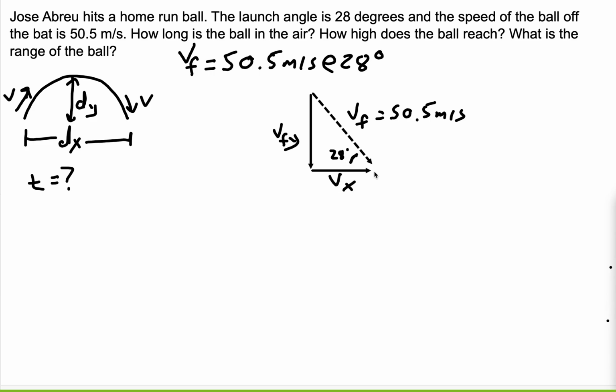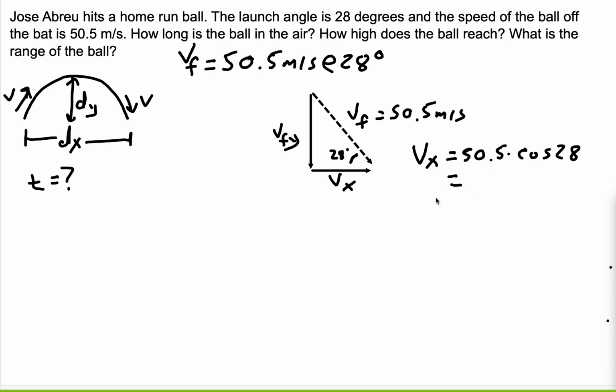Vx is the adjacent side. So which trig function has the adjacent side and the hypotenuse? Cos. So if I want to find Vx, Vx is going to be the hypotenuse, which is 50.5, times the cosine of the angle, which is 28.